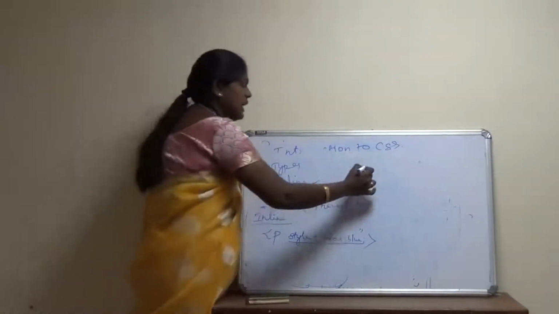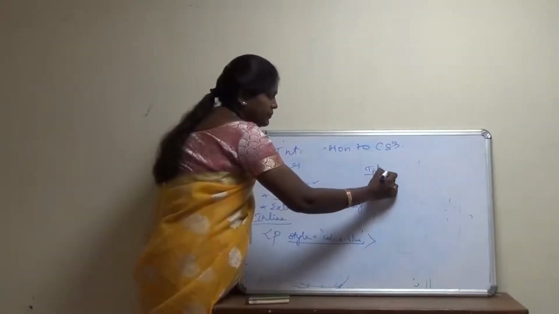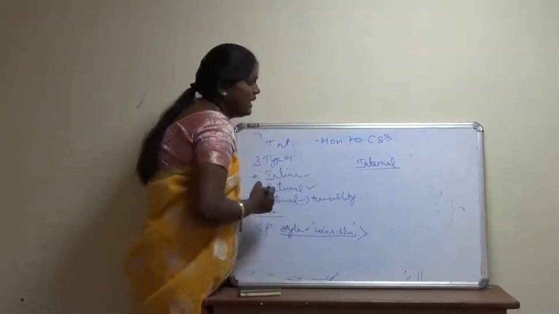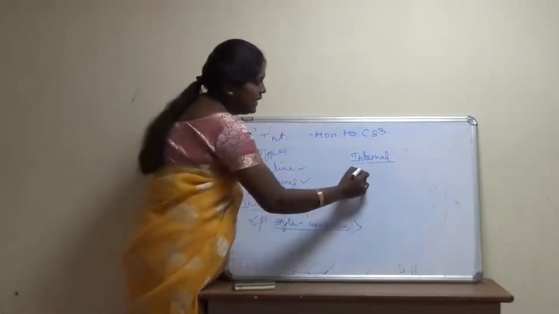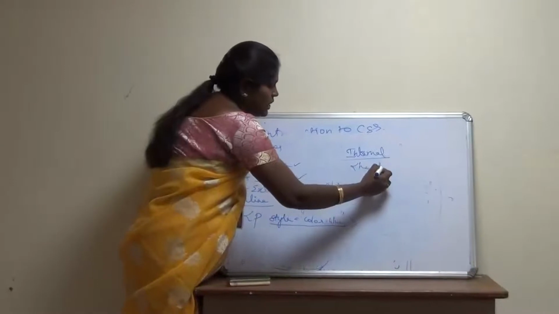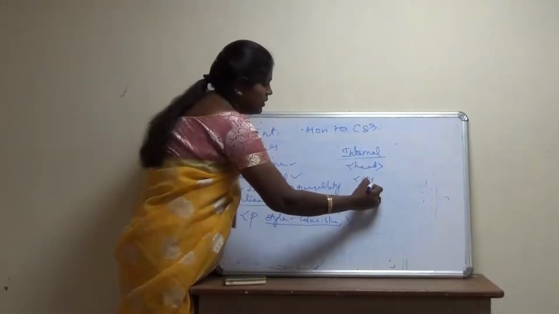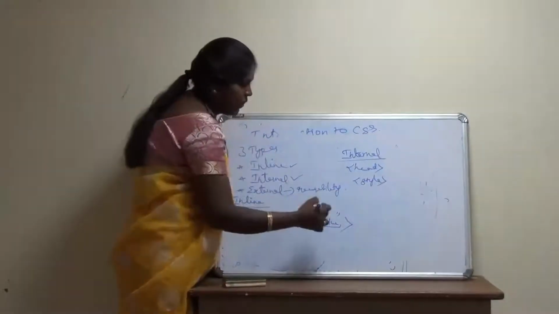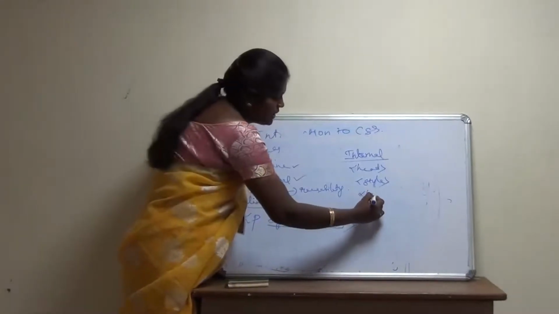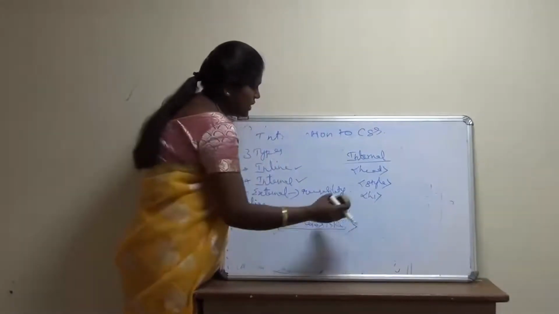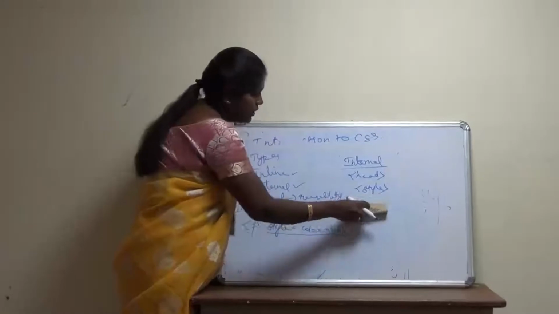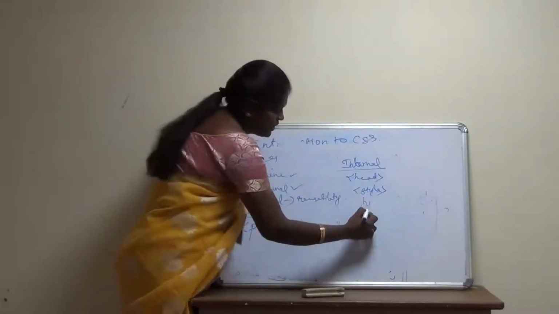The second type is internal style sheet. So all the internal styles are added within a head. We must add a tag style. So under this we have to add the styles. For example, I have to add a style to a H1. So H1 is a selector, so no need to use angular bracket. So style H1.